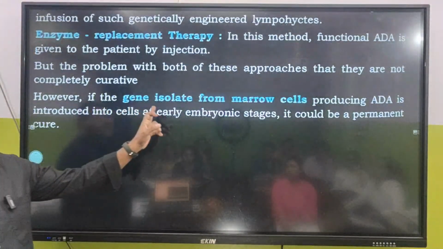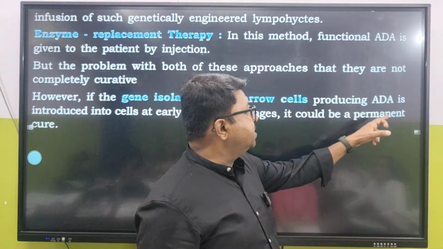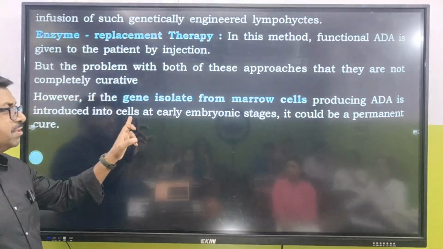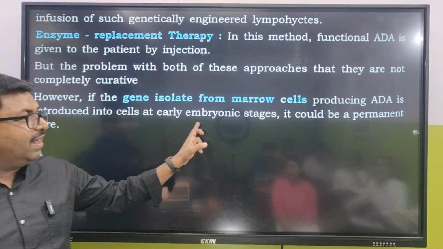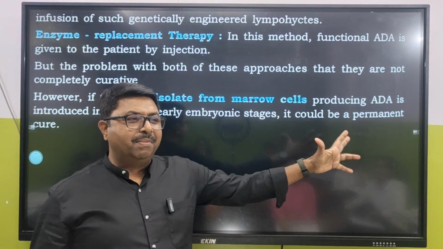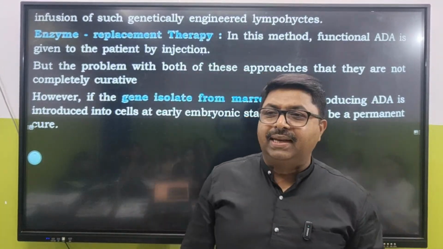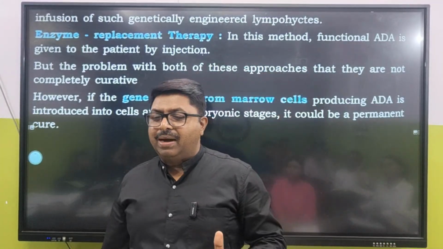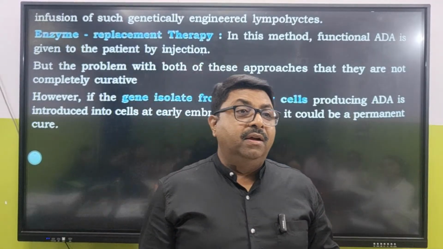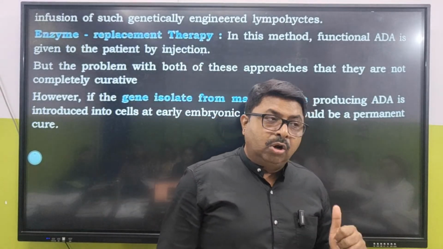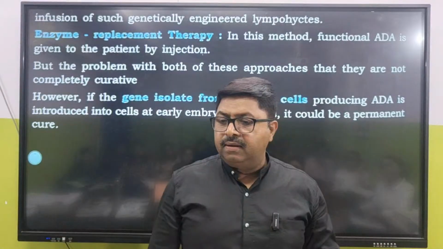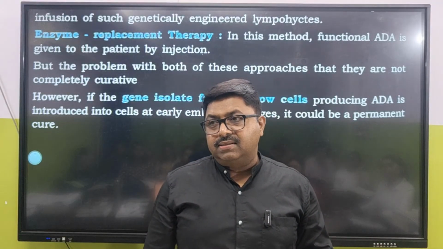However, if the gene isolated from the marrow cells producing ADA is introduced into the cells at early embryonic stages, it could be a permanent solution. So what is being discussed here is germline and somatic cells. Where will this work for sure? By giving it in germ cells, not in the somatic cells.